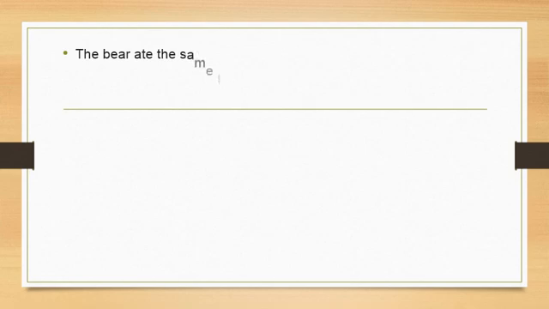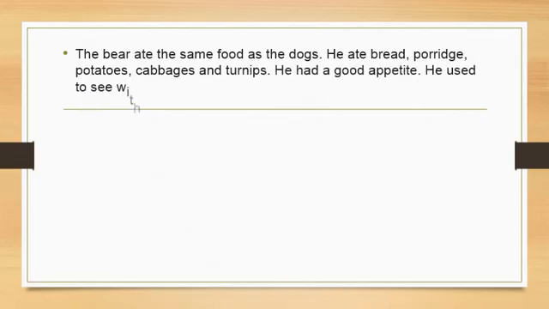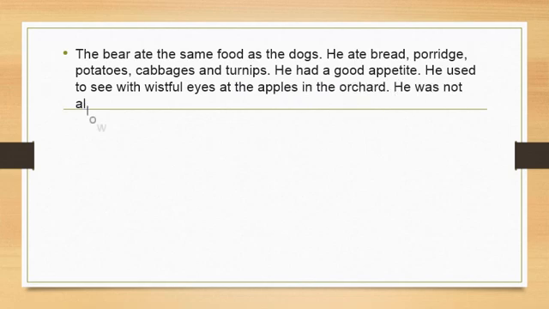The bear ate the same food as the dogs. He ate bread, porridge, potatoes, cabbage, and turnips. He had a good appetite. He used to see with wistful eyes at the apples in the orchard. He was not allowed to climb the tree and eat them.